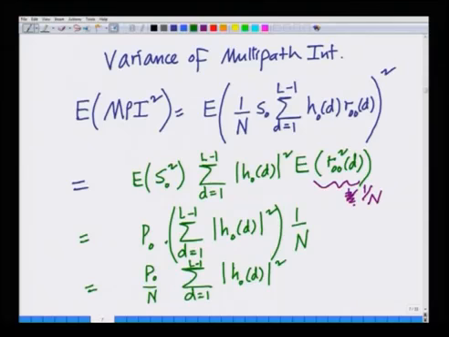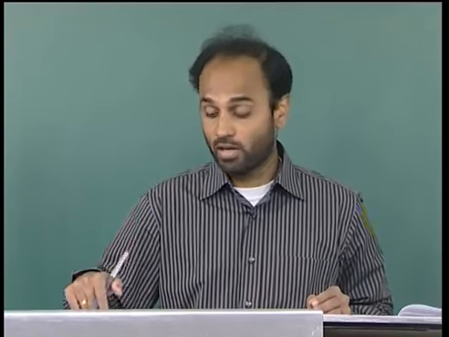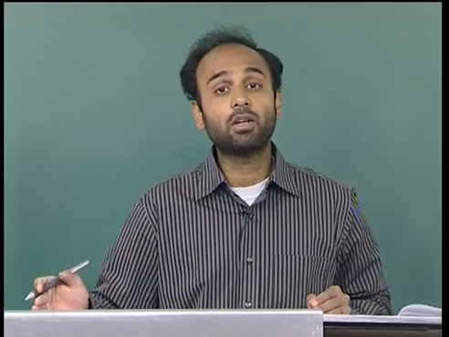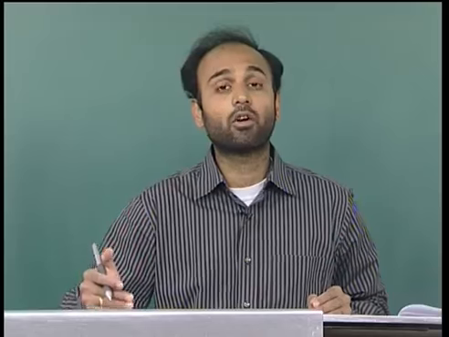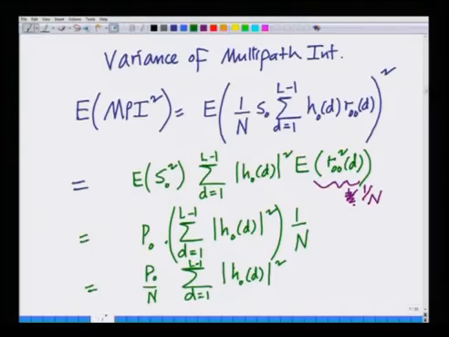So, this is the expression for the power in the multipath interference corresponding to the L minus 1 interfering components that interfere with the component corresponding to the path 0, that is the path with delay 0. Just to simplify this a little more analytically, this contains all the L minus 1 components. To make it symmetrical, I will add the 0th component and subtract the 0th component.